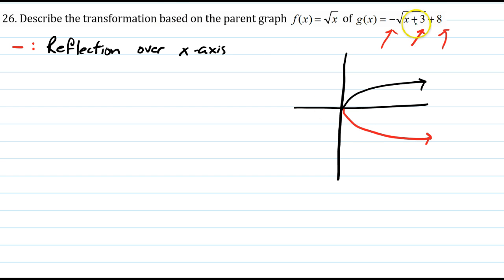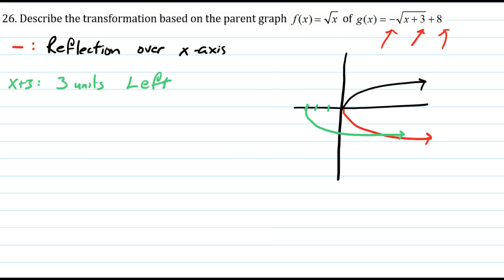Now that 3, the x plus 3, that's going to be a translation 3 units to the left. Okay, because remember, it's the number that makes that 0. So now we would take this and go 3 units to the left. So now the graph looks like this.